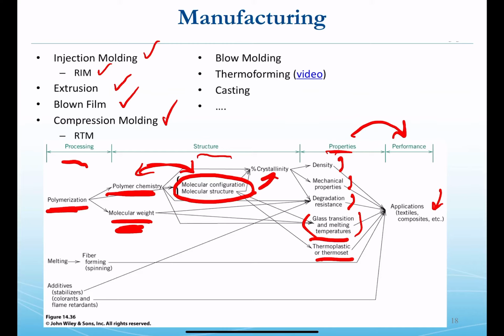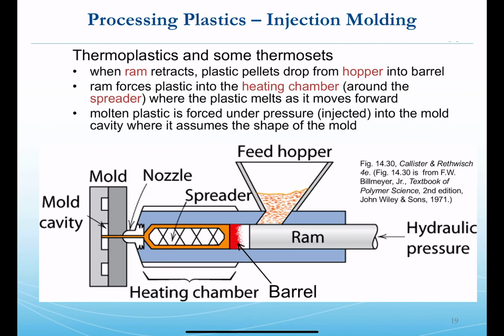Compression molding, asking the molten thermoset or thermoplastic most commonly to occupy the cavity of a mold and ultimately allow for shaping of the material. Blow molding is related to the blown film forming approach. Even thermoforming and casting are known as well. So let's touch on some of these with the remaining time we have together.